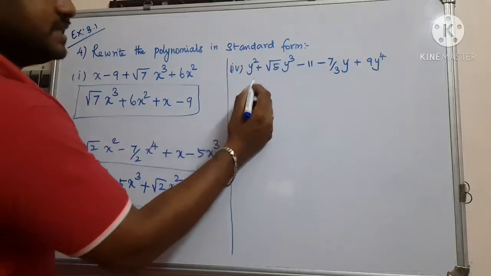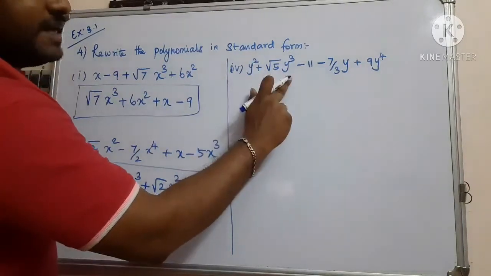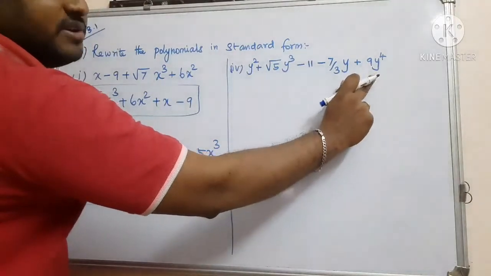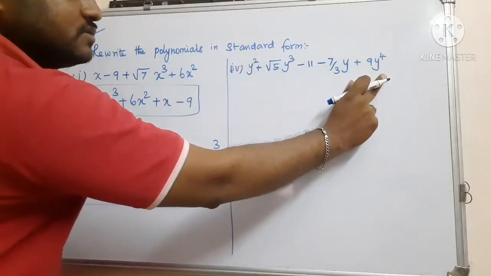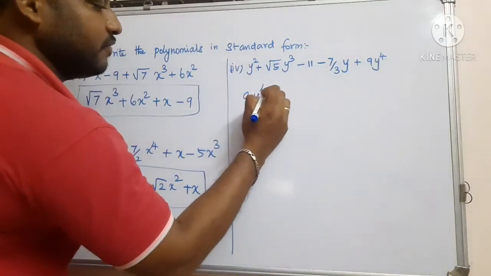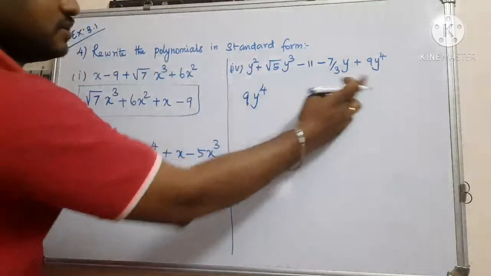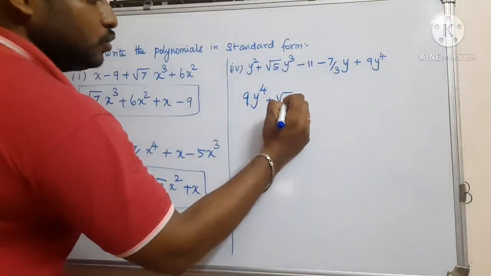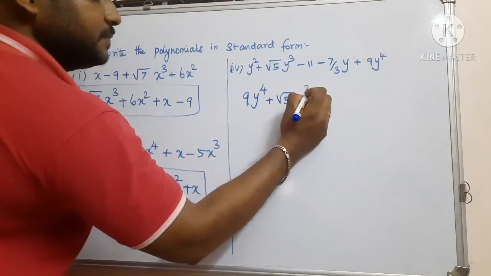And then the third question: y square, y cube, 11, y power 4. Obviously the highest power is y power 4, which should be written as the first term, 9 y power 4. The next term is 3 plus root 5 y power 3.